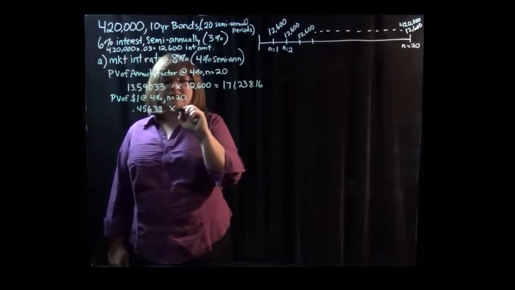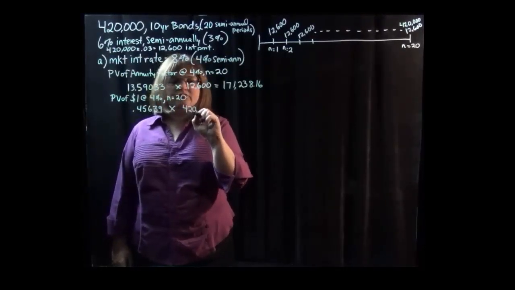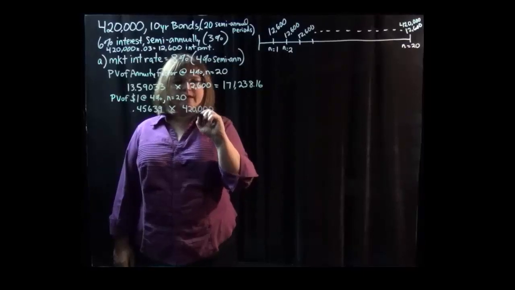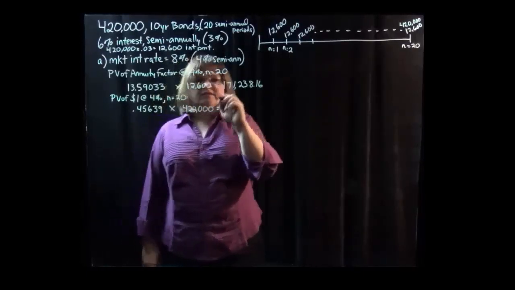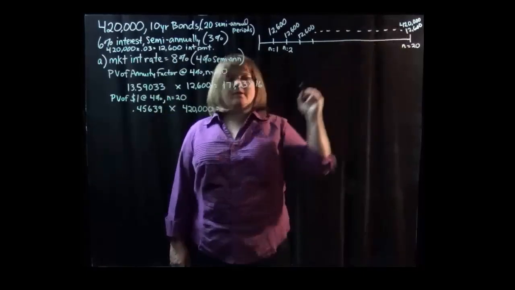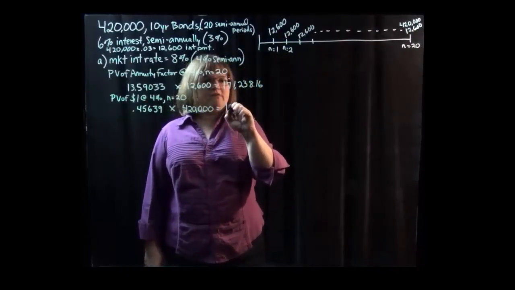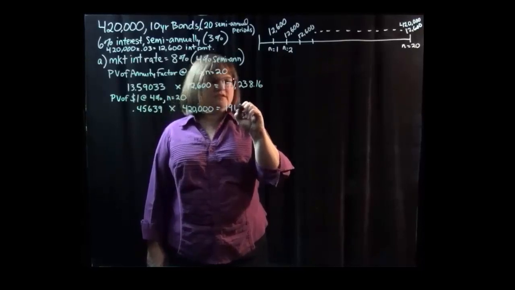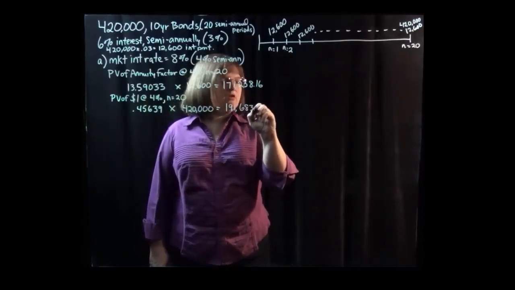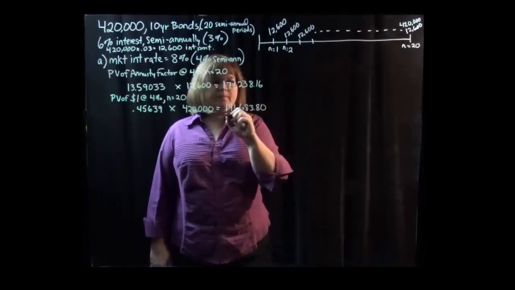We multiply that times the $420,000 principal balance, and that's going to give us the present value of that payment that's made at the end. And that's going to be $191,683.80.